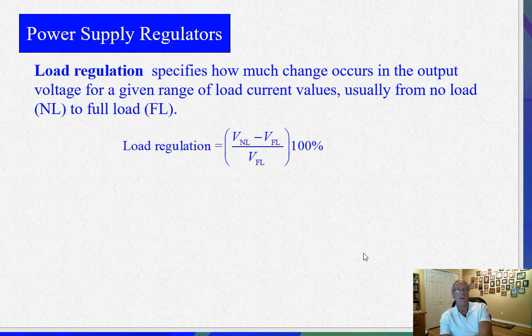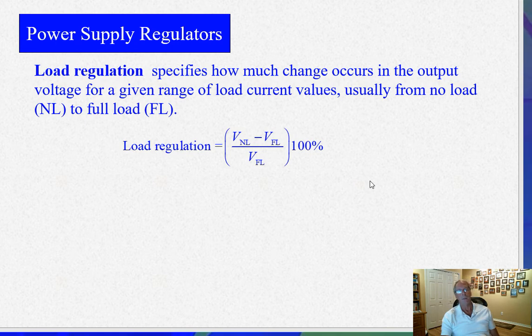Now the other parameter is load regulation, specifies how much change occurs in the output voltage for a given range of load current values. So no load to full load is usually. So a power supply or a voltage regulator has a full load rating. In other words, how much current it can handle.